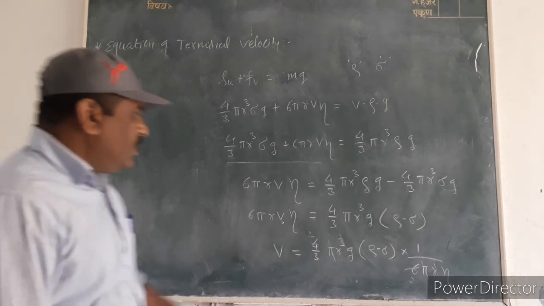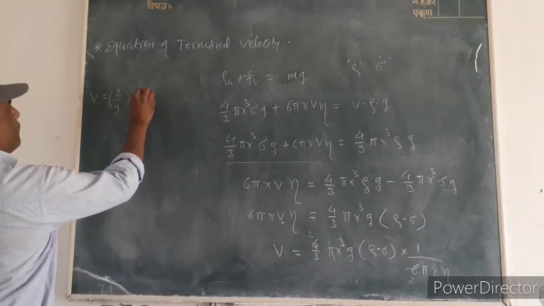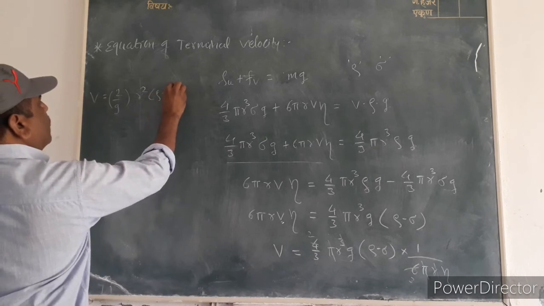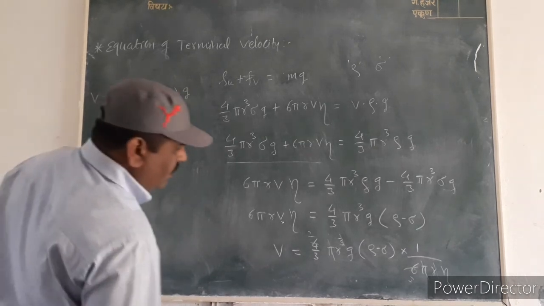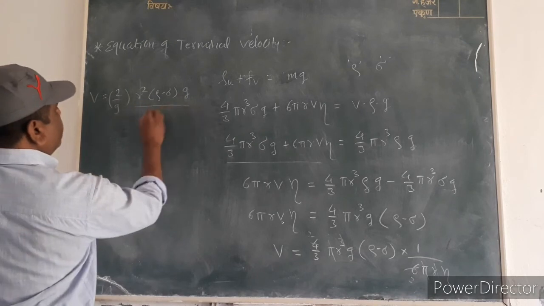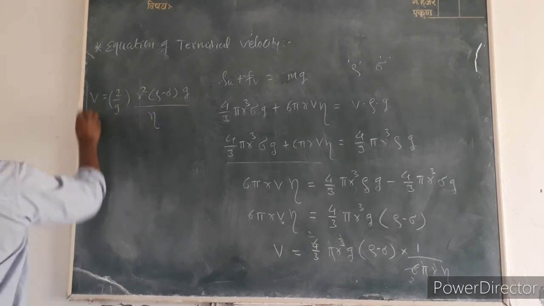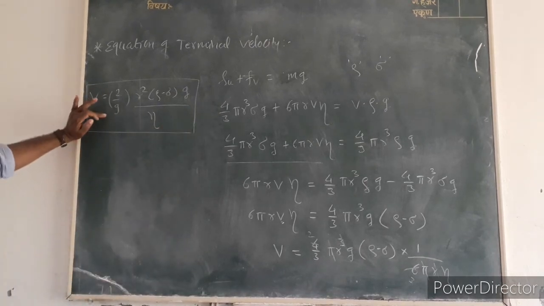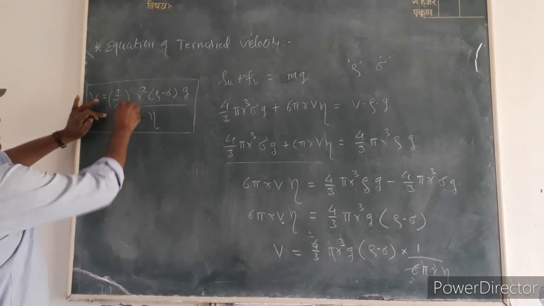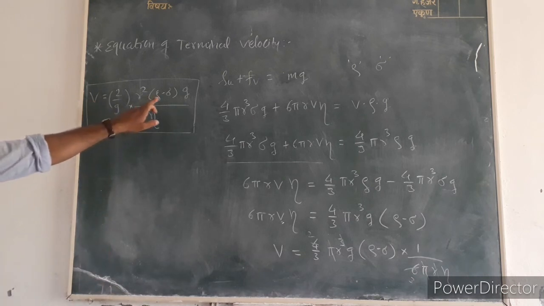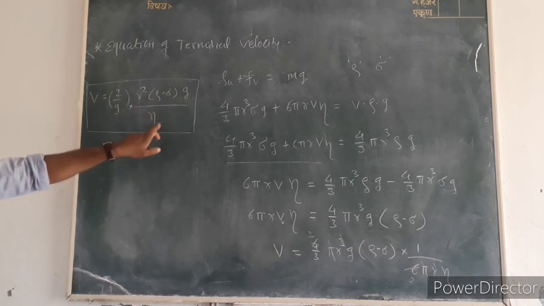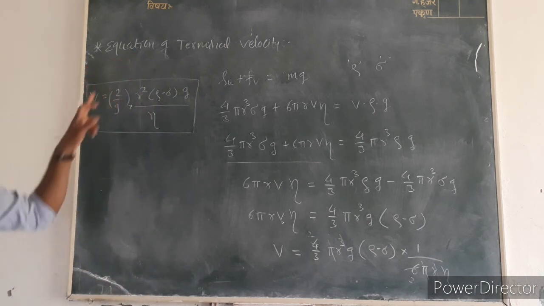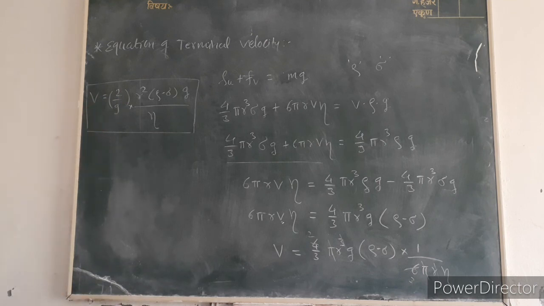So v is equal to 2 by 9 into r square into sigma minus rho into g divided by eta. This equation is called the equation of terminal velocity.